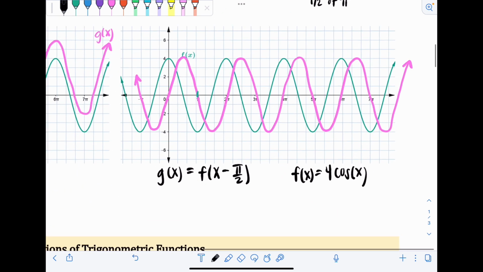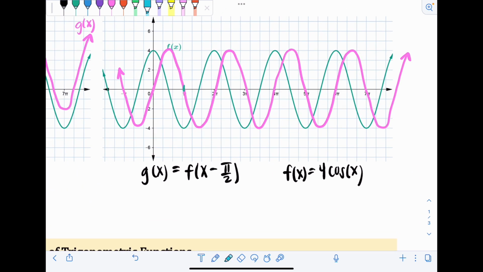Okay, so when you have a change that's happening inside the parentheses, it's called inside the argument. So f of x minus pi over 2, that means that that whole thing replaces x. We take out the x in the original f of x and we swap it out for x minus pi over 2.